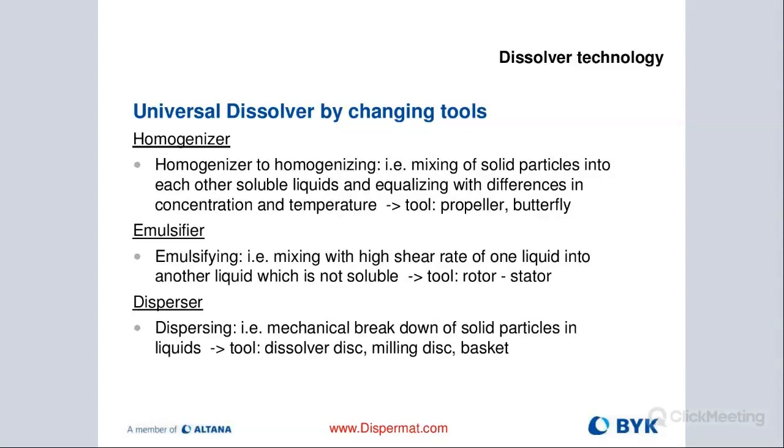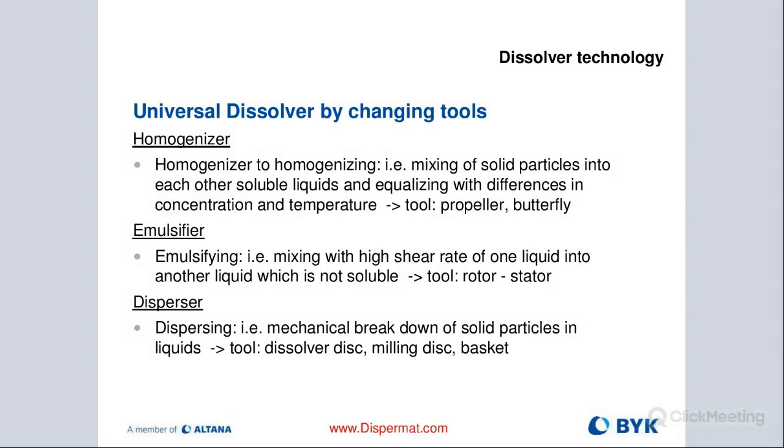So it can be used as a homogenizer, like a mixer, to blend two different liquids together with different attachments, either a butterfly or a propeller tool. We can also use it with the rotor stator as an emulsifier to blend one liquid into another liquid that's non-soluble at a very high shear rate.